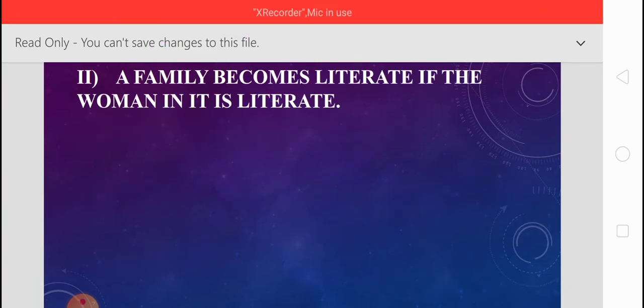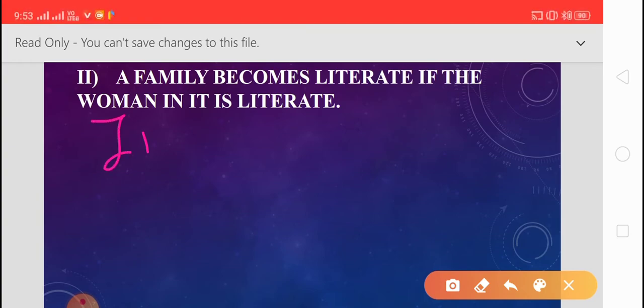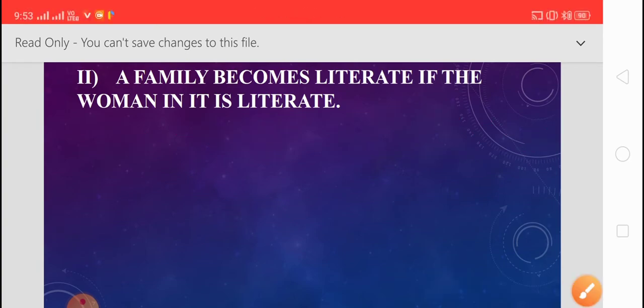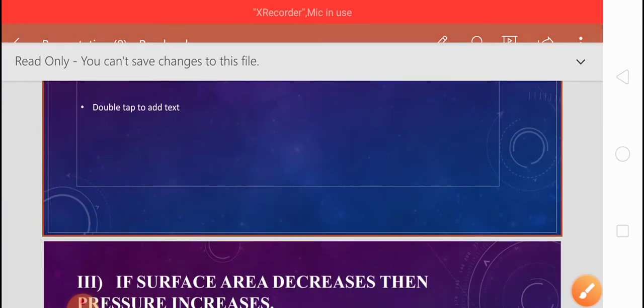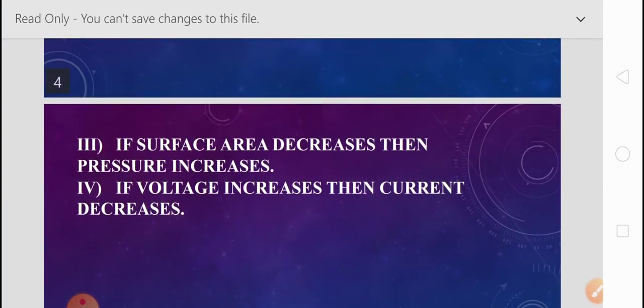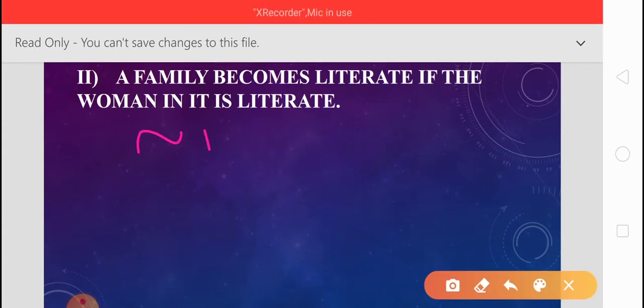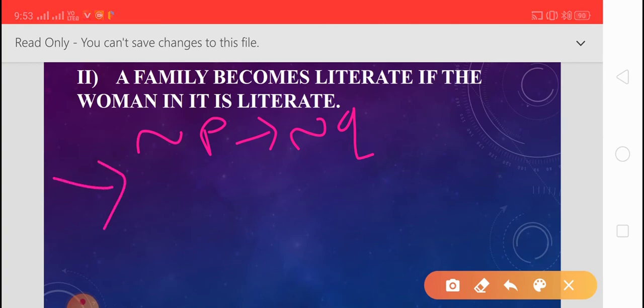This is the converse. Now what is the inverse? Negation of Q implies negation of P? No, that is the contrapositive. The inverse is negation of P implies negation of Q. So in verbal form, what is the negation of P?